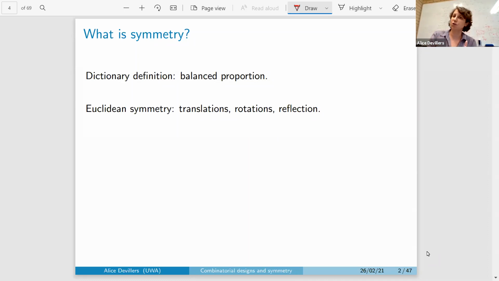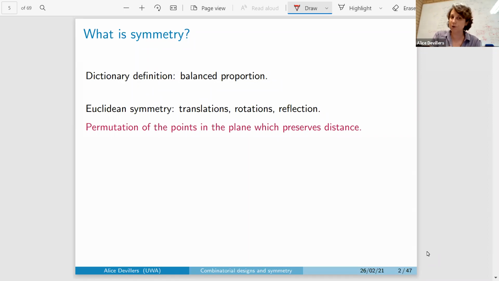So if I try to conceptualize what that means, well, a symmetry is going to be a permutation of the points. So in this case, the points in the plane. A permutation means a bijective map from the plane to the plane, which preserves the notion of distance.